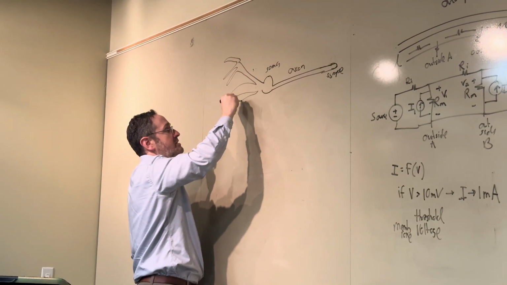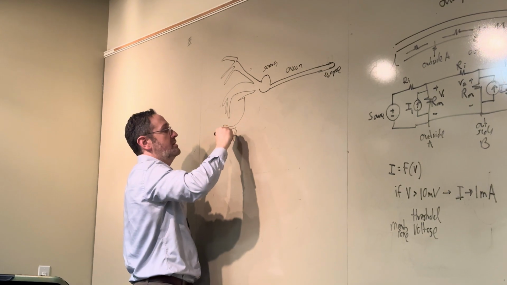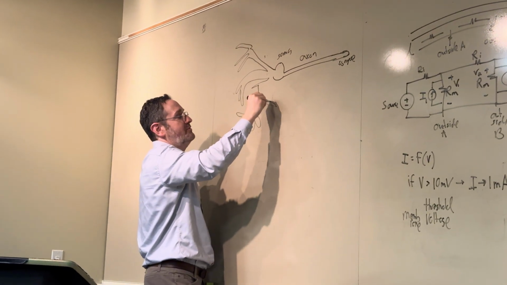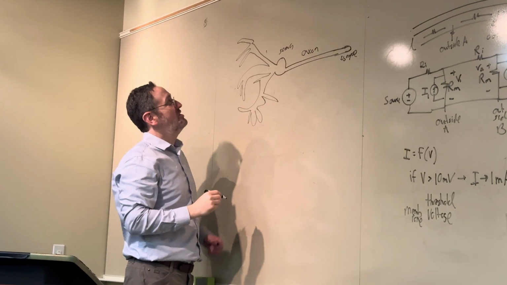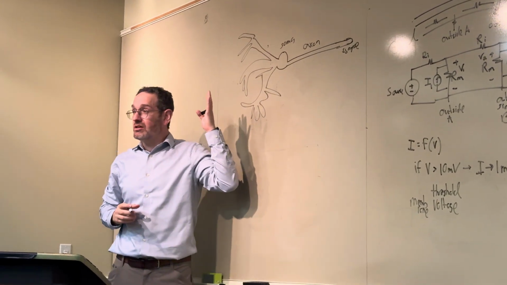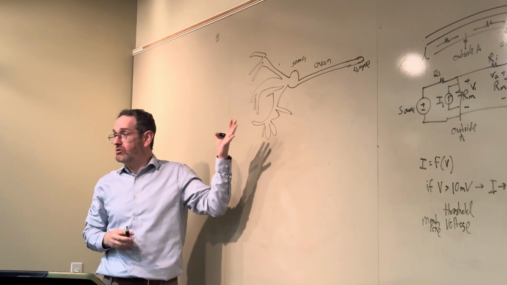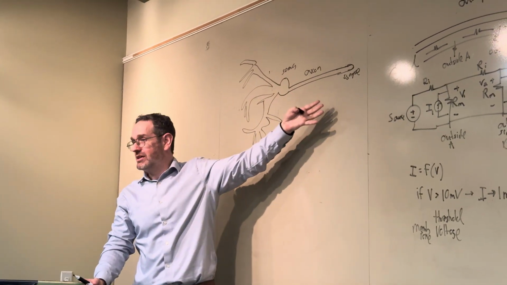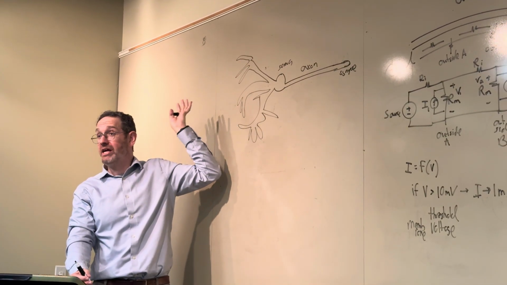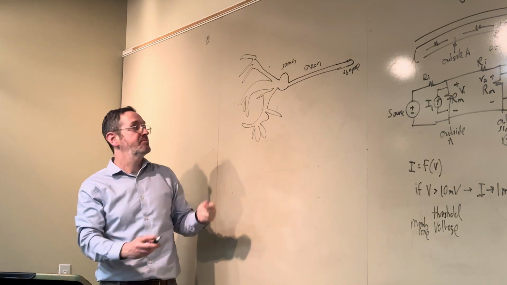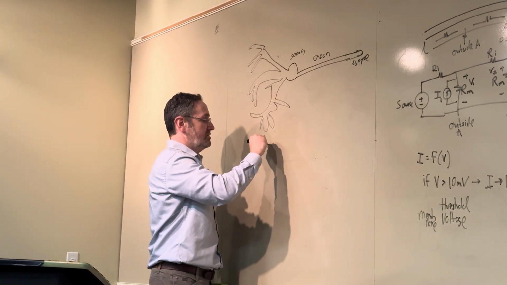If you're drawing it yourself, don't worry about the details. When you see a classic picture of a neuron, there's this thing here that has this big branching structure, right? And this thing is called the dendrite.